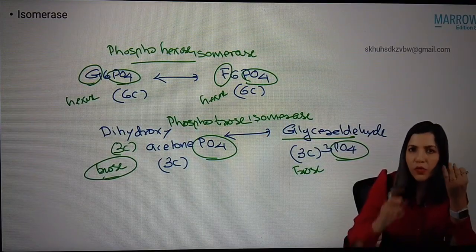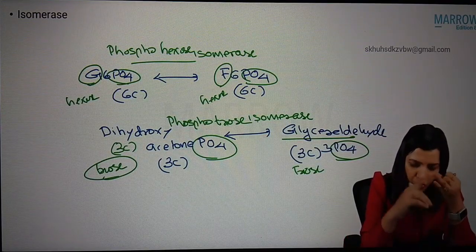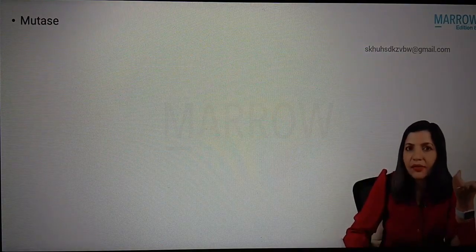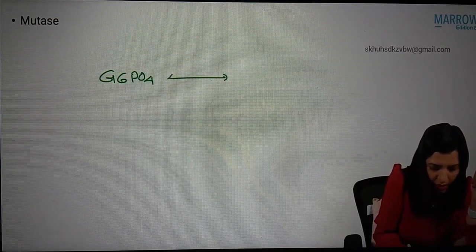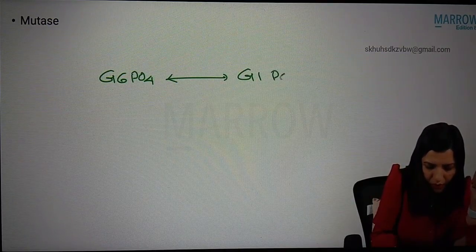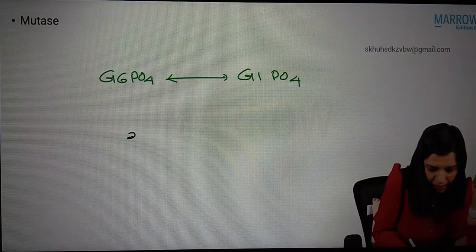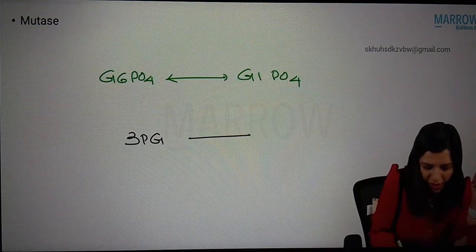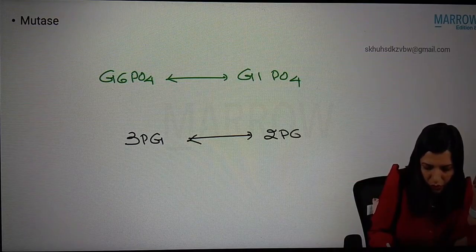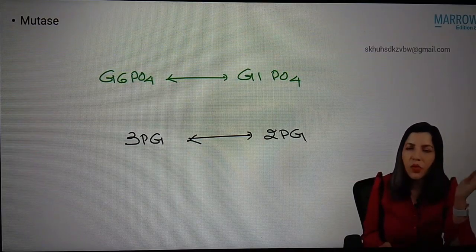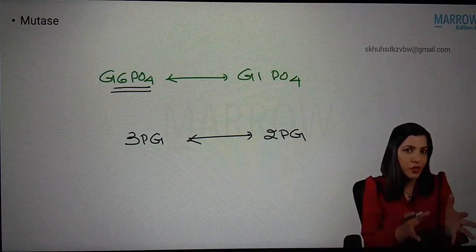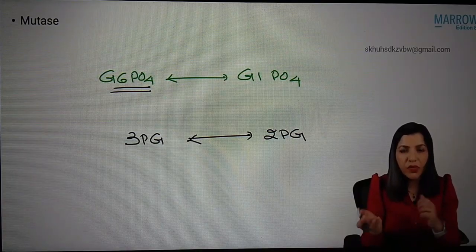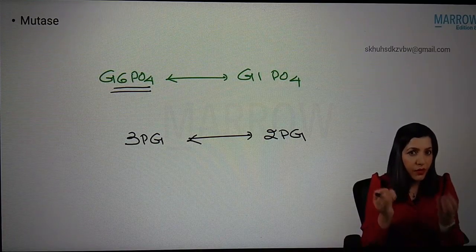Now under the isomerases, I've told you 3 subclasses. One is isomerase itself. The second one is mutase. Mutase: glucose 6-phosphate is converted to glucose 1-phosphate. One more example is 3-phosphoglycerate converted to 2-phosphoglycerate. In these reactions, glucose 6-phosphate has a phosphate group at the 6th position, whereas glucose 1-phosphate has it at the 1st position.